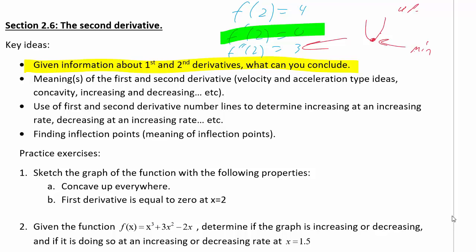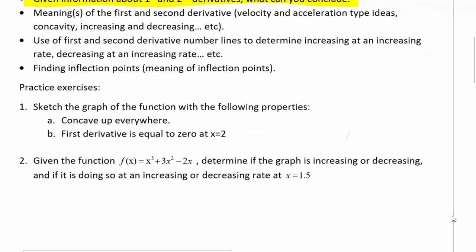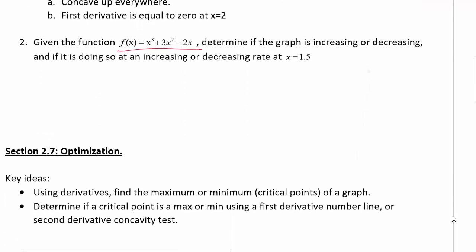Okay, so then we also will give you some problems where we're just going to straight ask you, find the min, find the max. Here is a function, right? So we'll give you something like this: given a function, determine where its min or max is, using first derivative number line, second derivative number line, that kind of thing.